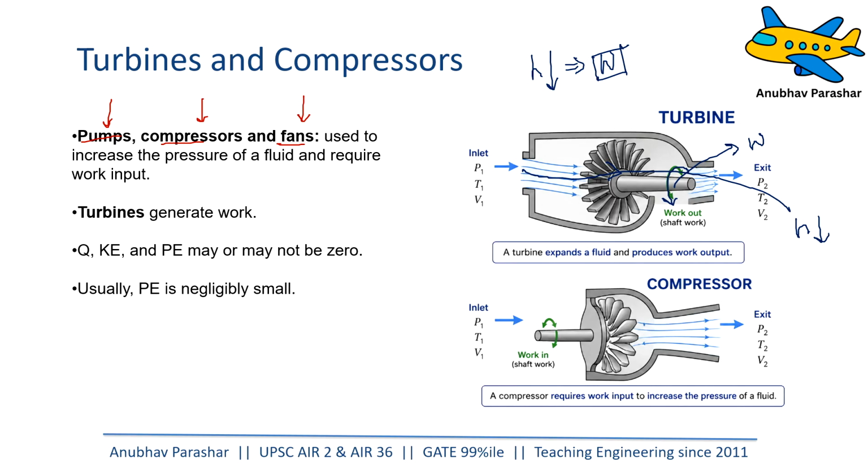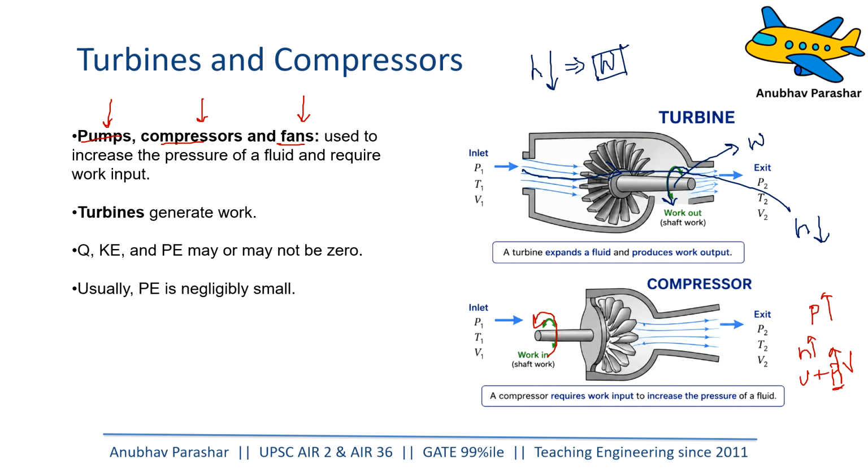Why am I saying work consuming? Because we have to supply work to the compressor from outside. And what the compressor is going to do is increase the pressure. Basically, it is going to increase the enthalpy, and as we know, enthalpy is equal to internal energy plus PV. So it is going to increase the pressure component. This is what it is focused on.